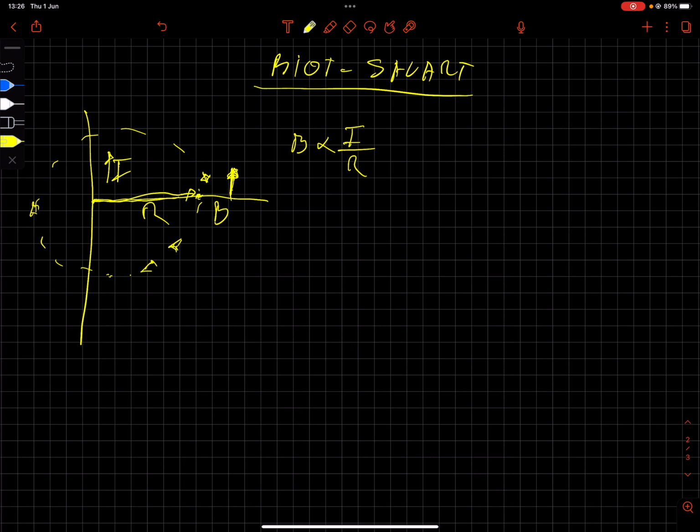We also know that, for example, if we have a conductor with negative charges on it, the electric field is inversely proportional to the distance from that conductor.